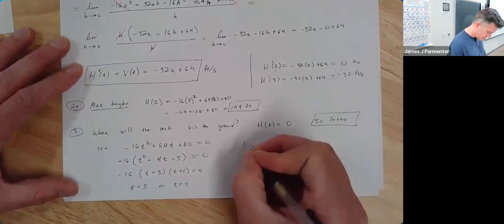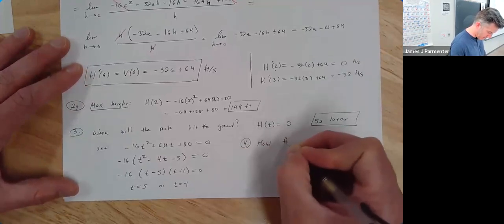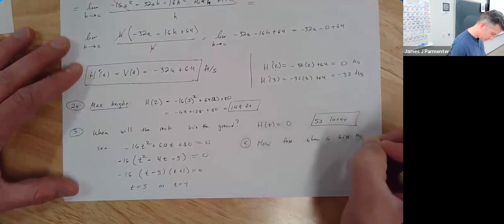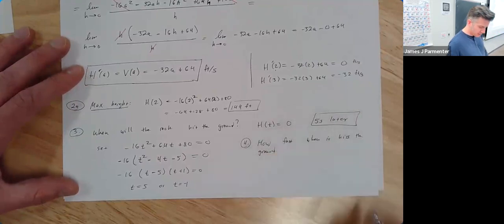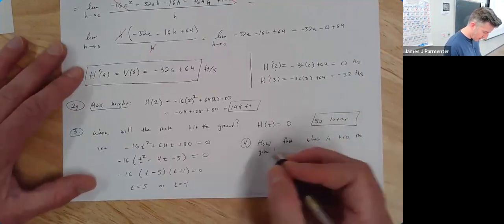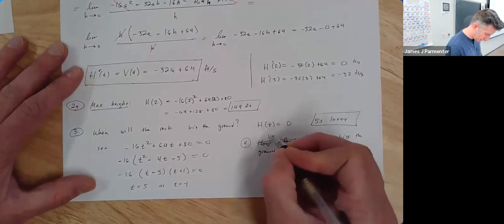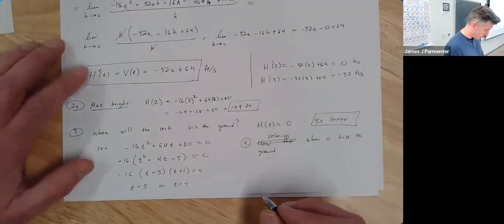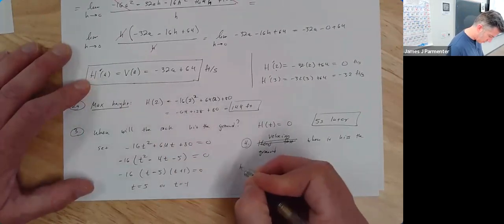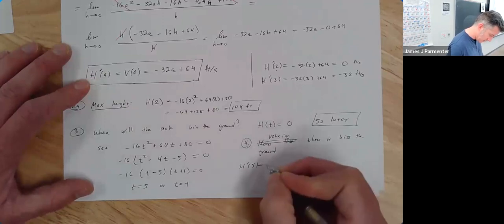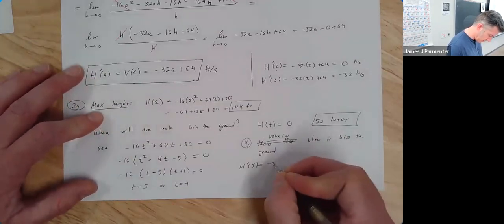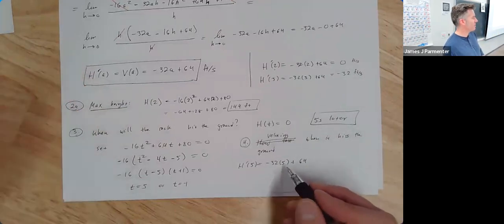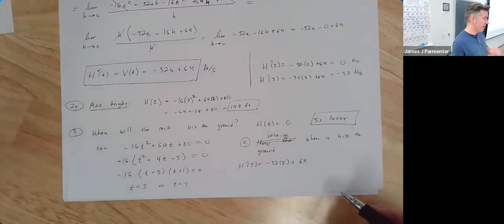And then finally, how fast is it going when it hits the ground? And actually, I should say, not how fast, but what's the velocity when it hits the ground? Well, we're just going to plug in 5 to the derivative here, and h prime of 5 is going to be negative 32 times 5 plus 64. 32 times 5 is always not my favorite, but I can do times 10 and then divide by 2 really easily.